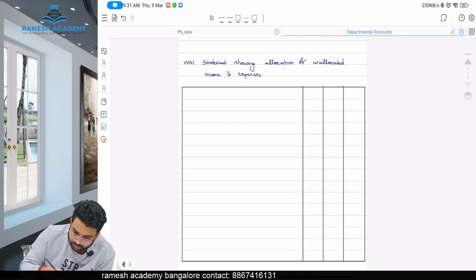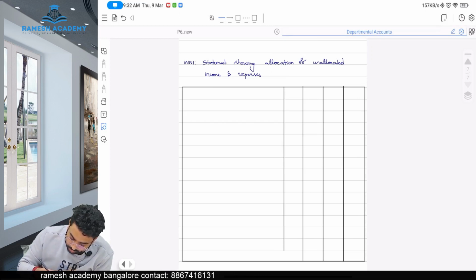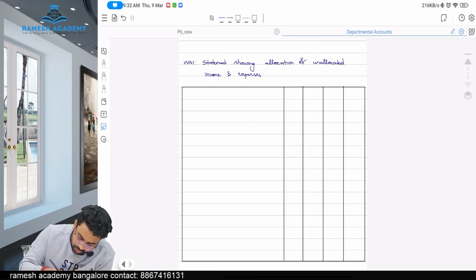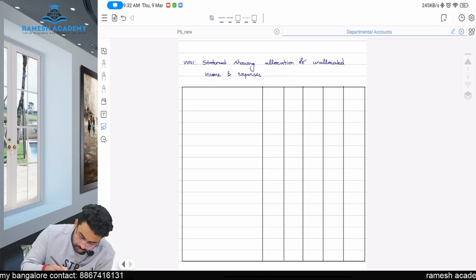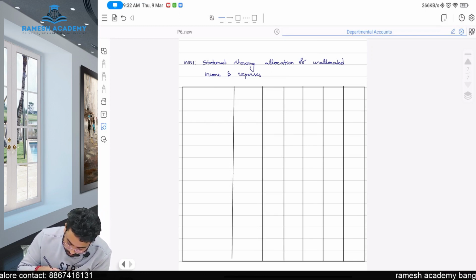We need the total amount, the ratio in which we are going to allocate, and also the basis of the ratio.